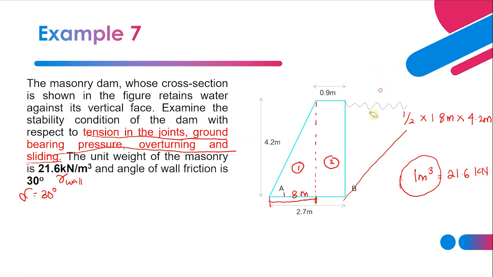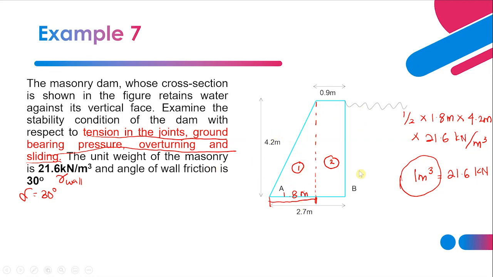Jadi kita abaikan that calculation. Kita ambil je area dia berapa, and then kita darab je dengan 21.6 kN per meter cube. So kita akan dapat dalam unit kilonewton per meter lah. Sebab kita tak ada satu lagi, which is the panjang of the wall tu, berapa dia punya total length of the wall, akan dapat jawapan for the first area.